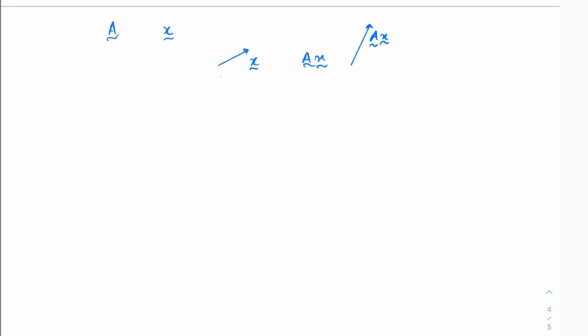This was your original vector, and this is the transformation using A. If we take a 2D analogy, what does a transformation A do? It scales and rotates.